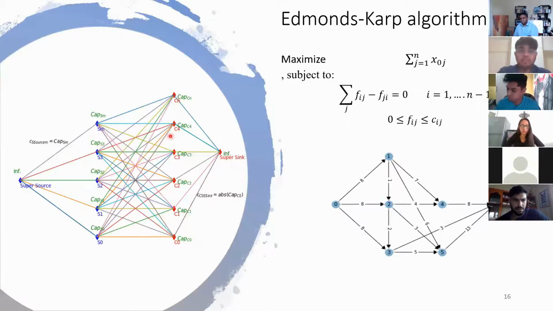And the pairings, the matchings between a supplier and consumer, are reflected by which edge gets saturated between this set of vertices and this set of vertices. And the algorithm terminates when either all of these edges are saturated or all of these edges are saturated.